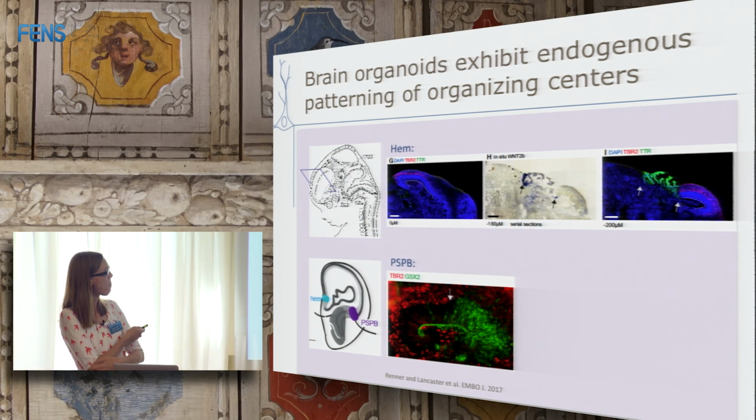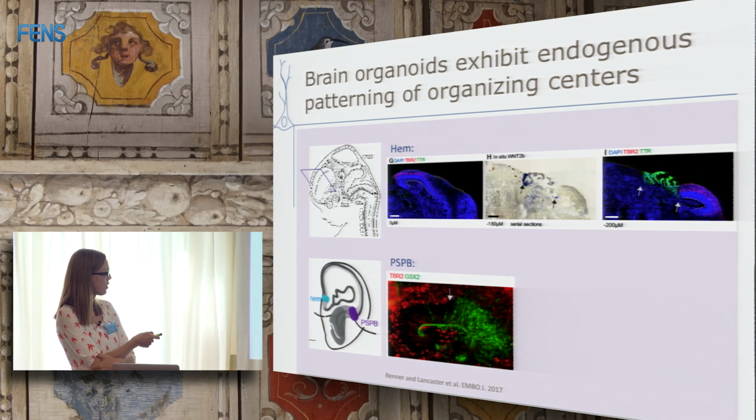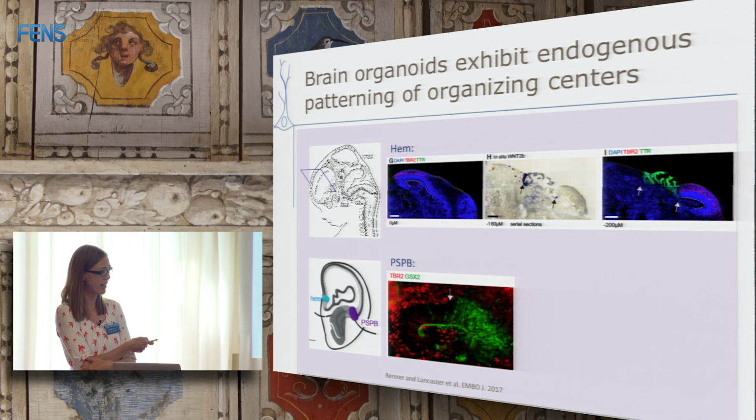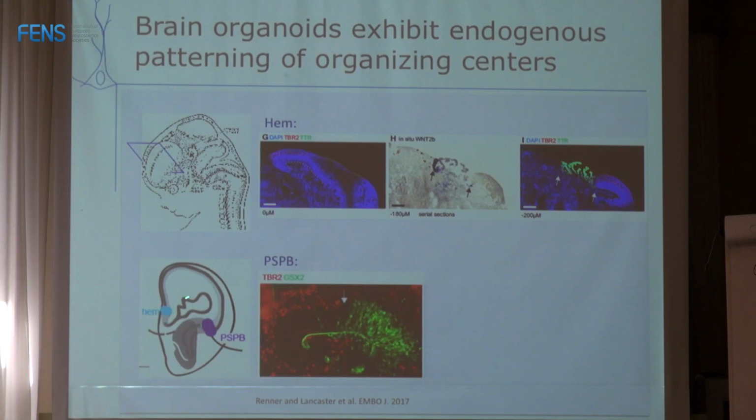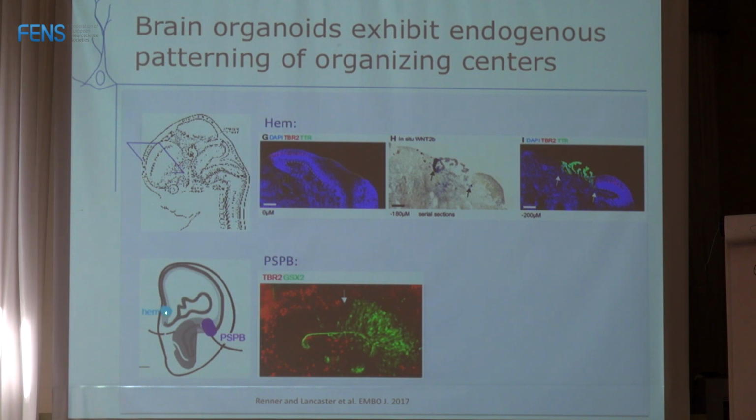And the forebrain's great because it has a sort of linear arrangement, although it doesn't look like that, of these tissues relative to one another. So you have the choroid plexus in here, and it transitions into the hem, which is an important organizing center. And then from the hem, you have the dorsal cortex, which is highly influenced by hem.